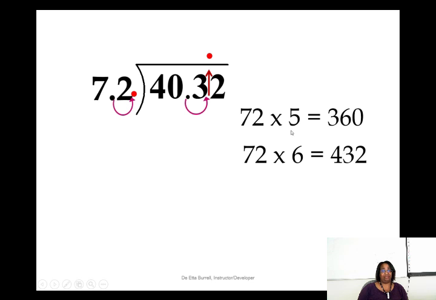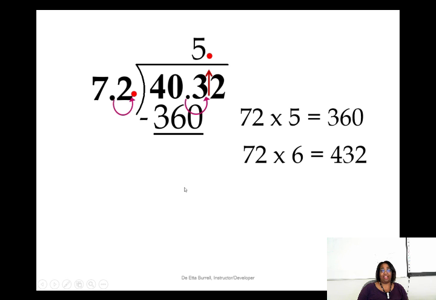So I need to use 5 because 6 is too big. So I'm going to put a 5 here above the 3. Now notice, after I placed my decimal, I divided. I tried to divide. How many groupings of this can I get to? 5 times 72, now I'm multiplying, is 360.